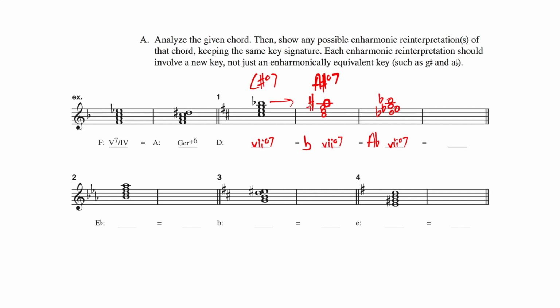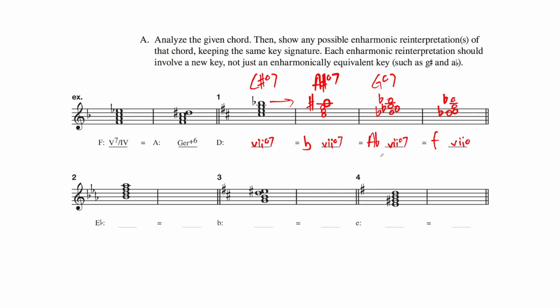And finally we can also spell it, that was G diminished 7th, we can also spell it as E diminished 7th, B flat, and here D flat. This would be then in F, major or minor. Let's write minor, the same function.